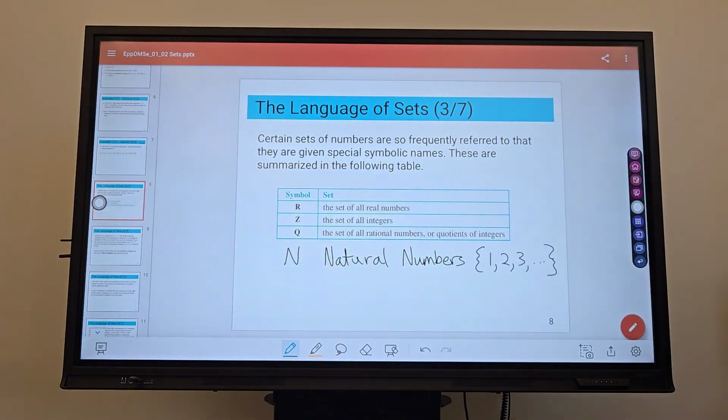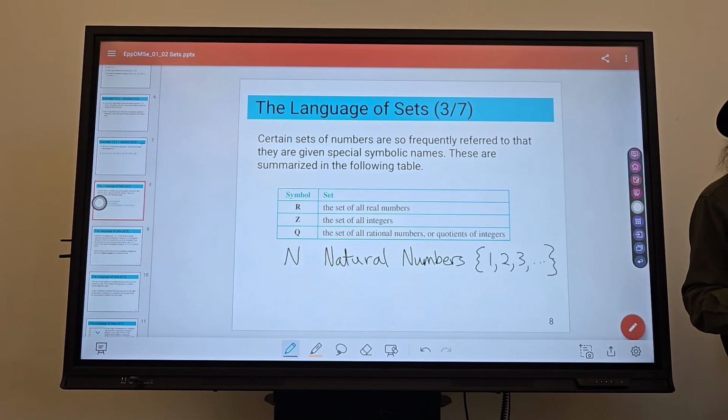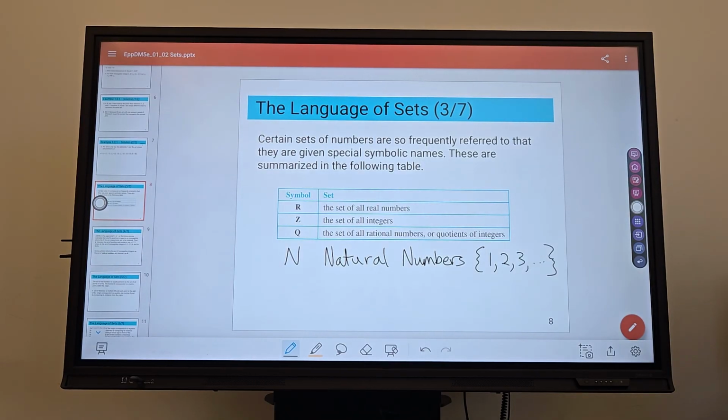Okay, the fourth set is the natural numbers. Believe it or not, 0 is not a natural number. For many, many millennia, the number 0 was not recognized as being an actual number. It wasn't a natural development of human thinking.